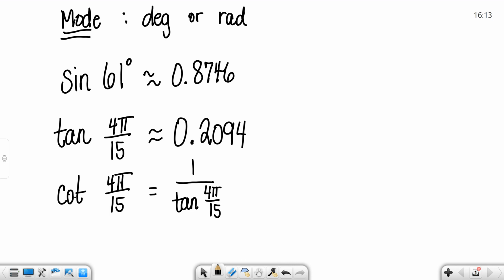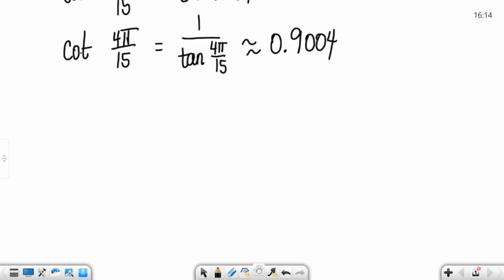I take this tangent value and say 1 divided by it, because they're reciprocals. When you do that, you should get 0.9004. Please let me know if that is a struggle for you. You can email me. If we have a Teams meeting, that's something you might want to clarify. We are going to have to be able to work in radians and degrees on our calculators.